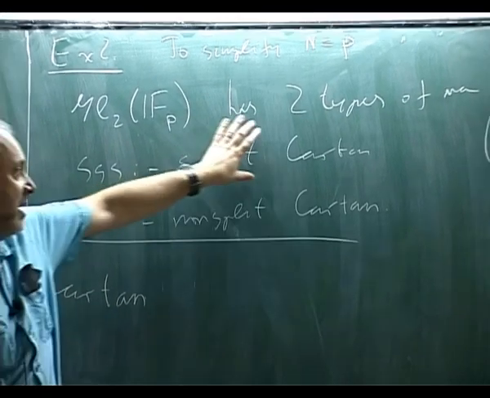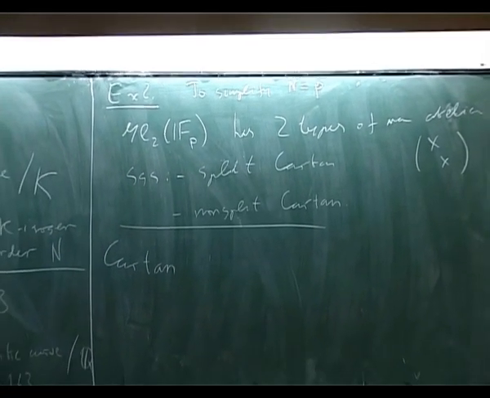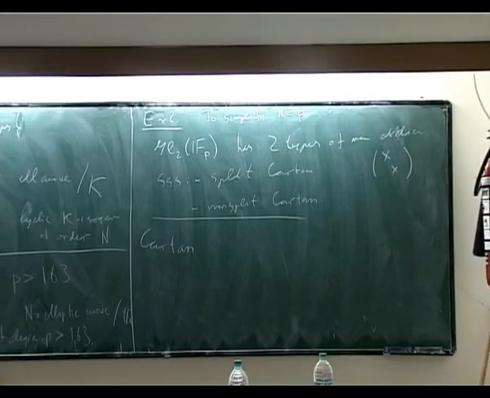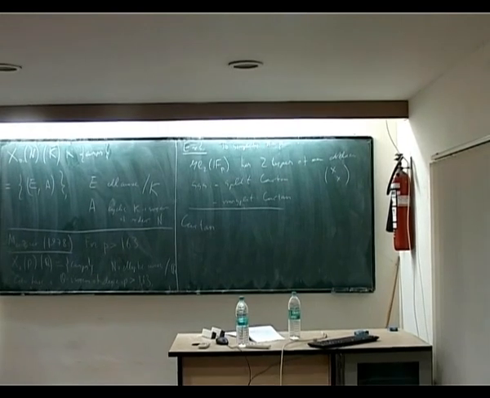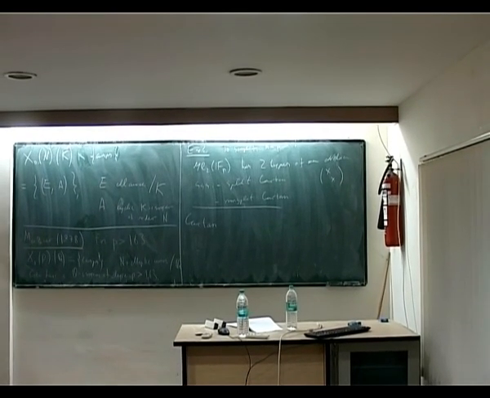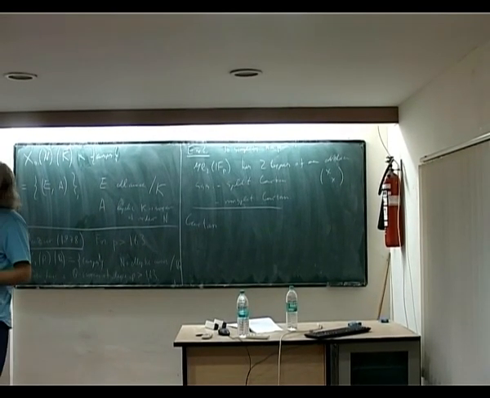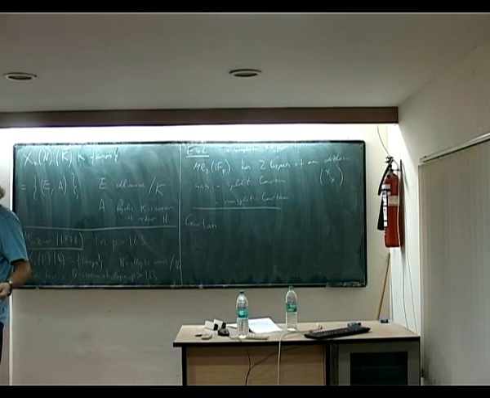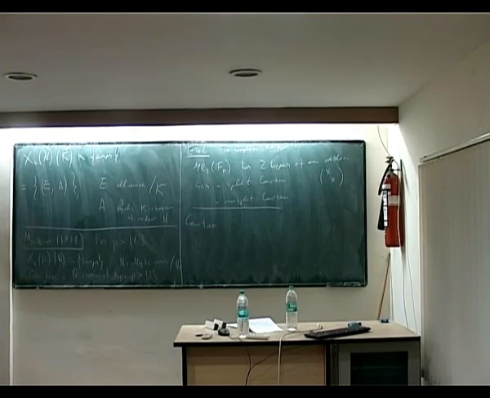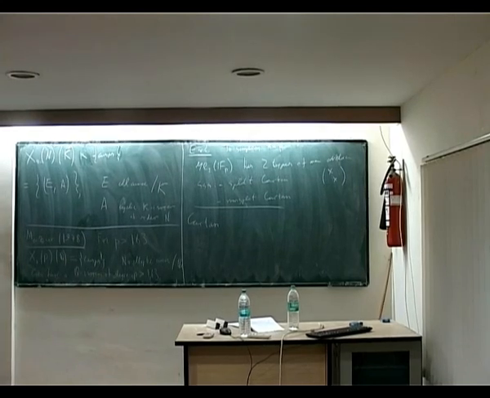And for the split Cartan, again, over R it is just expansions in one direction or the other direction. But if again we add the symmetries, we obtain something bigger, and this will be an index 2 subgroup.